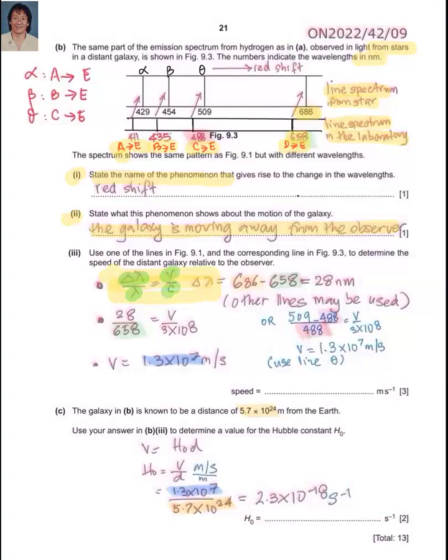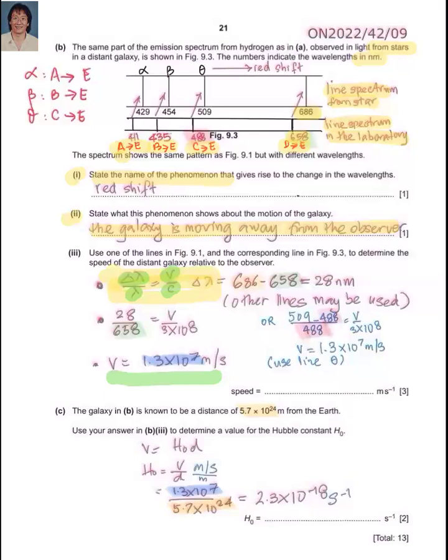So from here, you can calculate 28 divided by 658 equals v divided by 3 times 10 to the power 8, which will give you v equals 1.3 times 10 to the power 7 meters per second. You can use any other lines in the diagram 9.3 to get the answer.